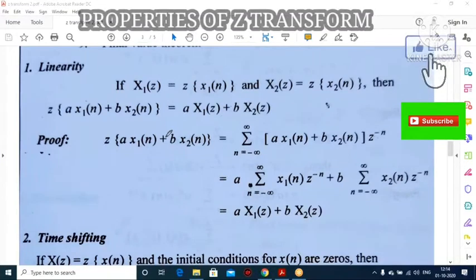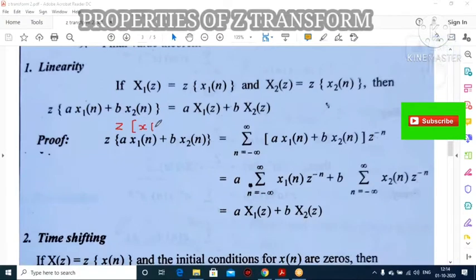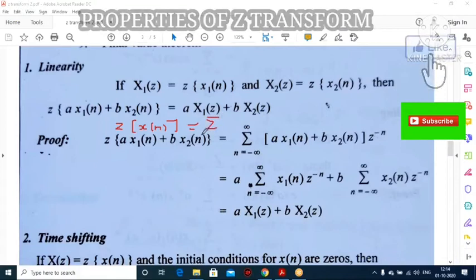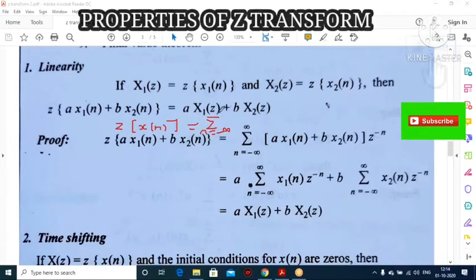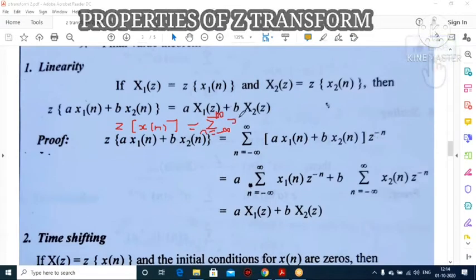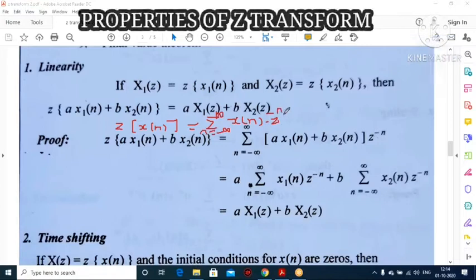The Z transform of x(n) is equal to the summation from n equals minus infinity to plus infinity of x(n) into z power minus n. This is the definition of Z transform.